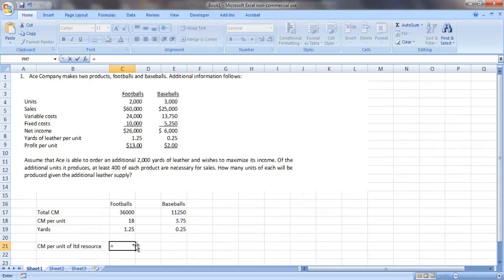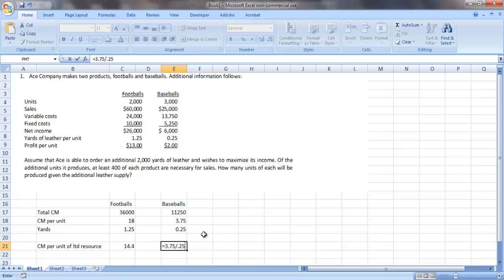That's the contribution margin per unit of product, $18 for the football, divided by the 1¼ yards of leather needed to produce one football, $14.40 per yard.